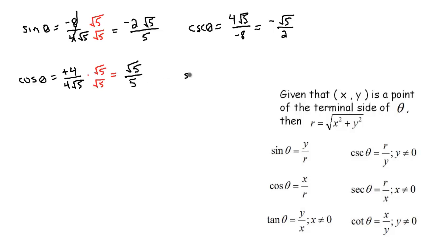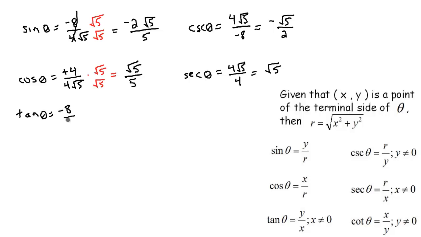Now we can do secant, which is the reciprocal function for cosine, and that's going to be r over x, the reciprocal of this right here. So r is 4 times the square root of 5 divided by 4, that was our x. 4 over 4 cancels out, so we're left with just the square root of 5, and that's secant. The last ones: tangent of theta is y over x.